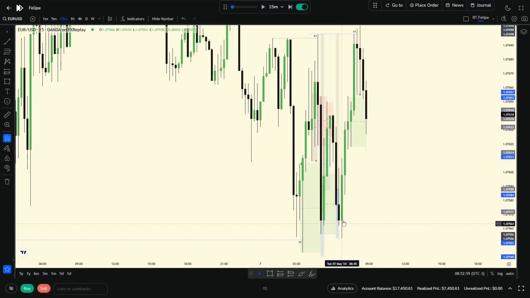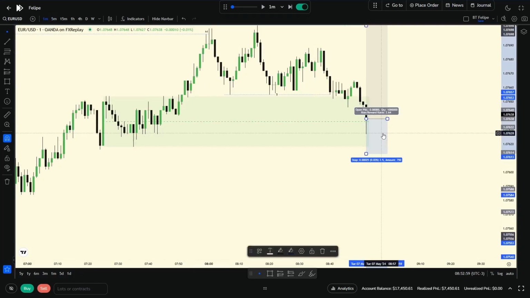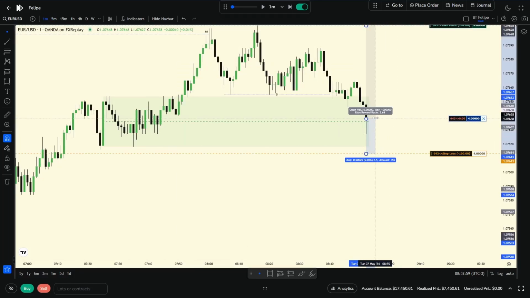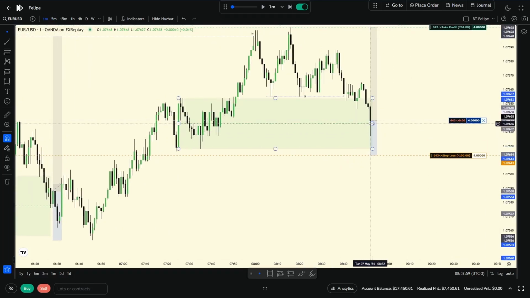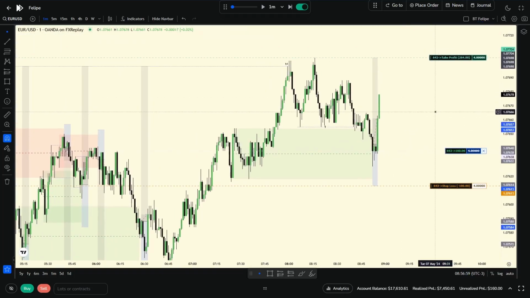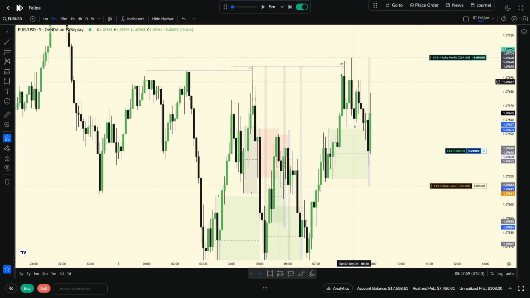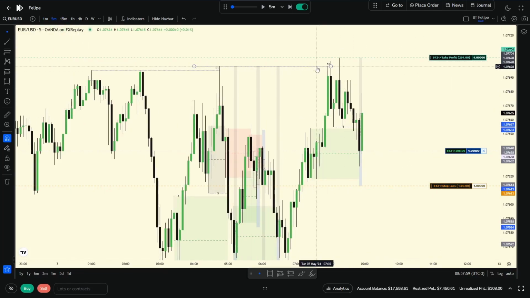There is also this candle. Let's just try. Okay. Maybe the same stuff is going to happen. Took the liquidity. 1, 2. We could short.